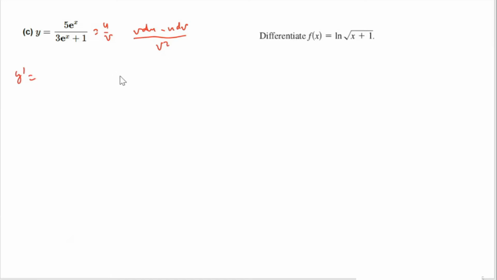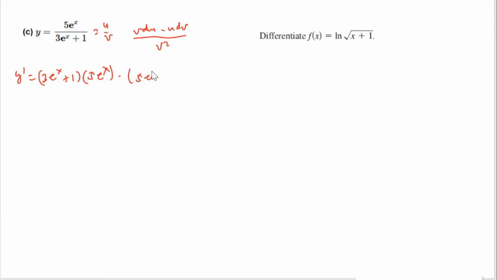So by substitution, I can write first the v. We have 3e raised to x plus 1 times the derivative of the numerator, which is 5e raised to x. So the derivative of that is just the same, 5e raised to x, minus, copy first the numerator, which is the u.